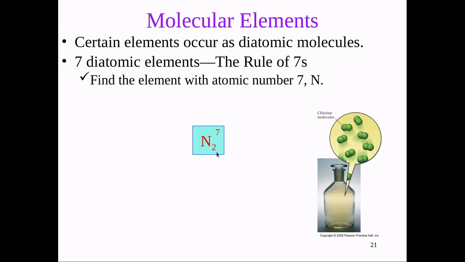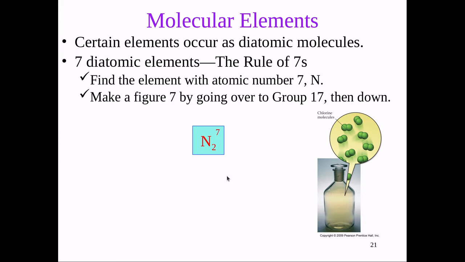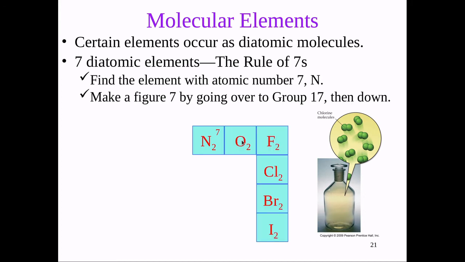That would be nitrogen on the periodic table. Then we make a figure 7 by going over to group 17 and then down. And finally, the 7th element is going to be H2. And we get all of the diatomics that like to be formed. That includes all the halogens, O2, N2, and hydrogen.